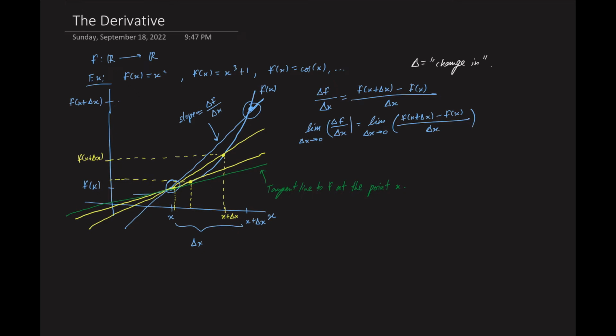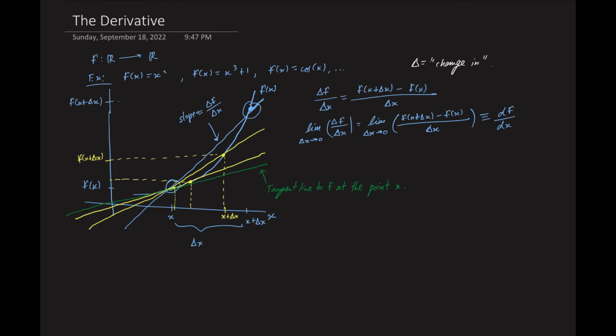This quantity still represents the slope of a certain line, and we give it a name. We define this quantity to be the derivative of f evaluated at x. So that's the derivative. The derivative is the slope of the tangent line of f at the point x.